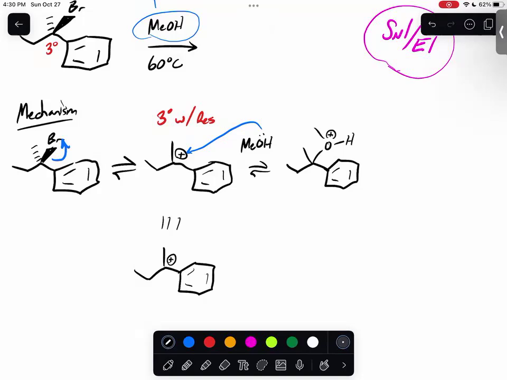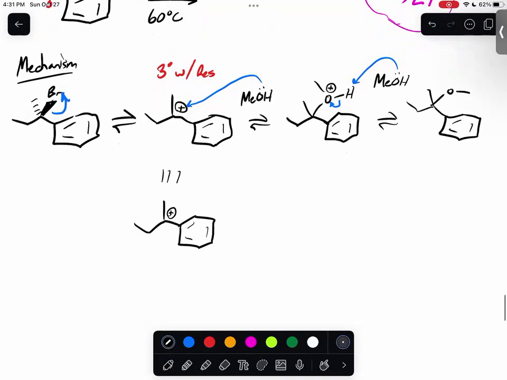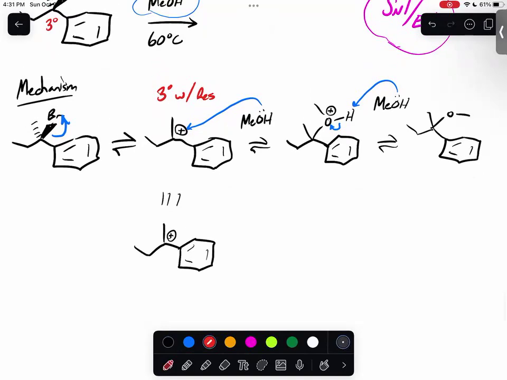From here, in order to finish up and form that SN1 product, this is going to then grab the proton that was left over on the methanol that we added, and that ends up giving us our final product, which is an ether. Okay?